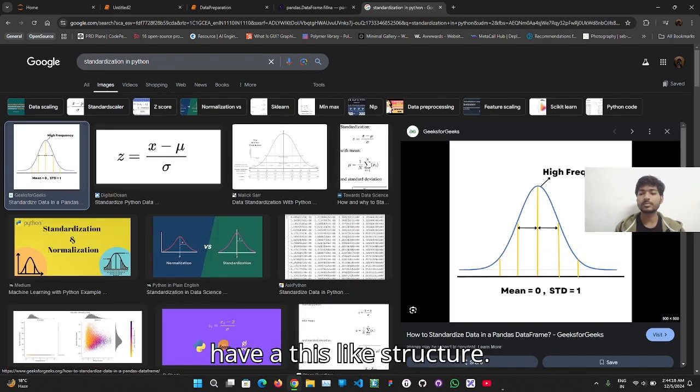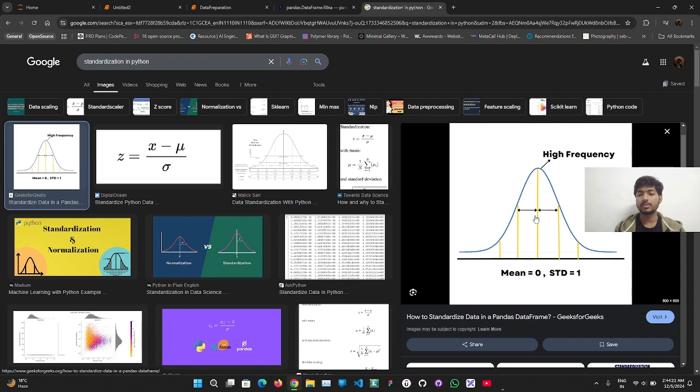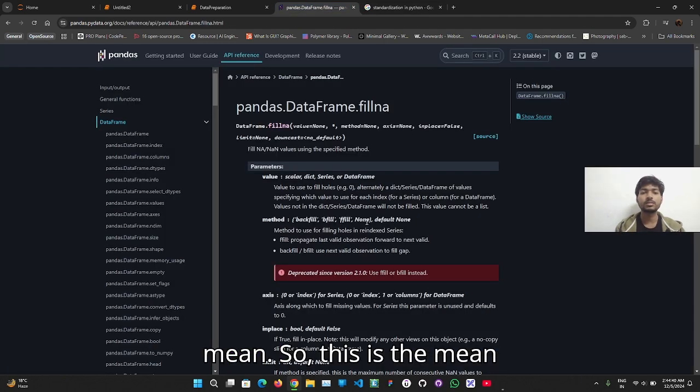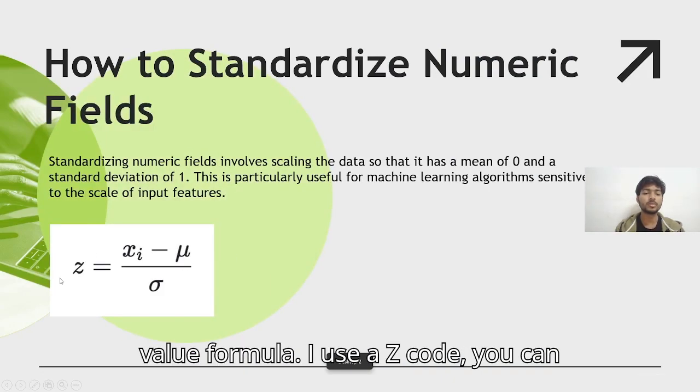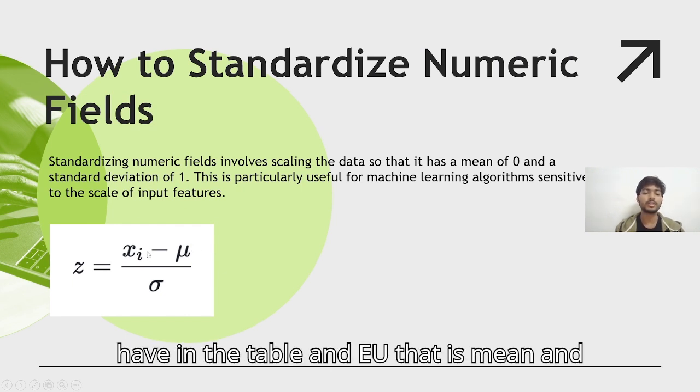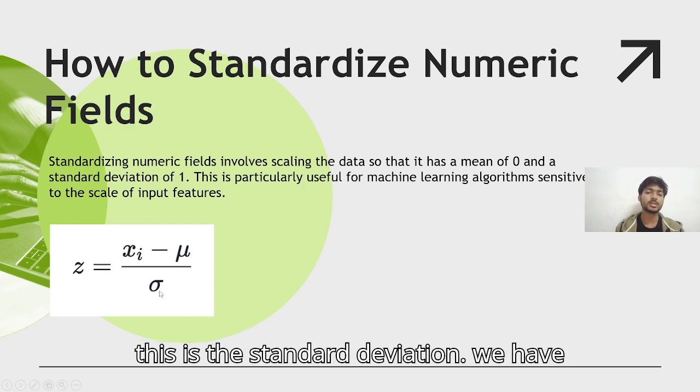We have this structure. It will get the mean to 0, so the normal will be here, and all the values will lie around it. It converts the data around the mean. This is the formula: xi minus mu, where xi is whatever value we have in the table, mu is the mean, and then divide by the standard deviation.